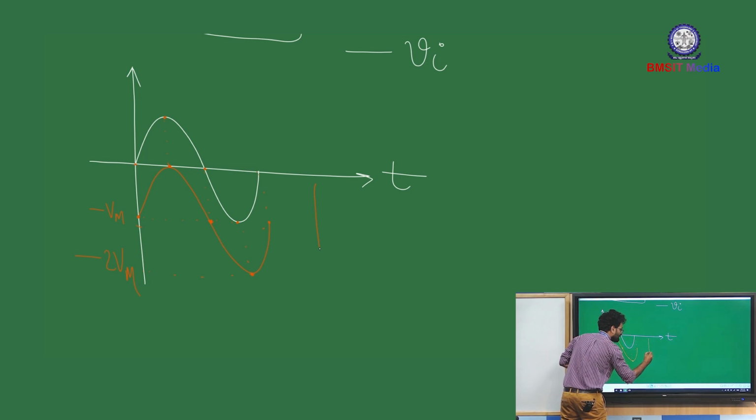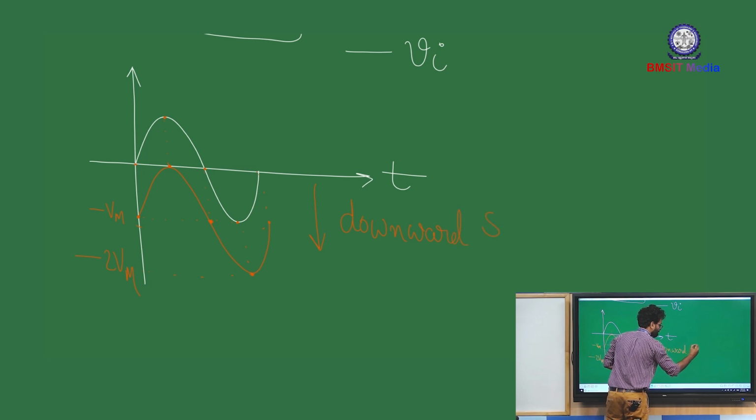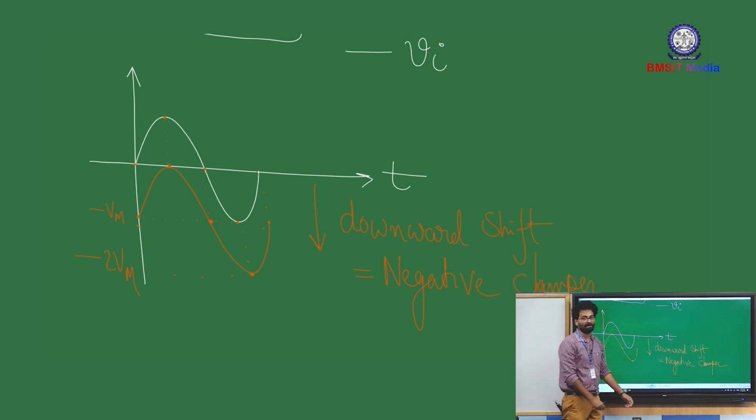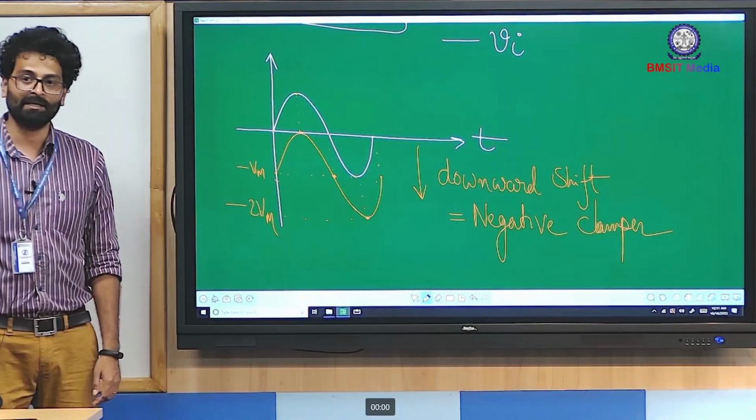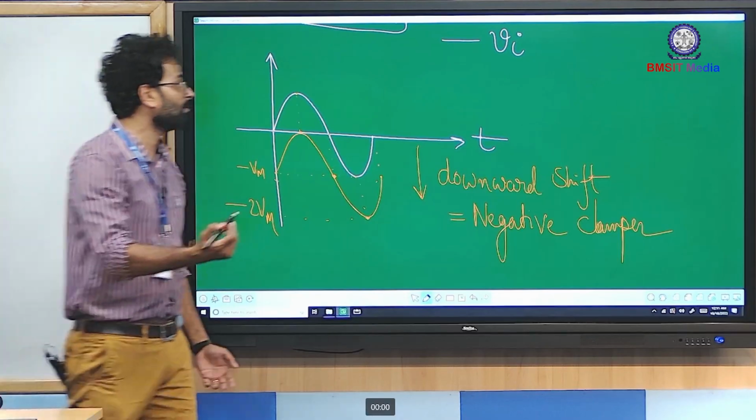You can see a downward shift, and this downward shift is attributed to negative clamping action. That's why it is called a negative clamper.